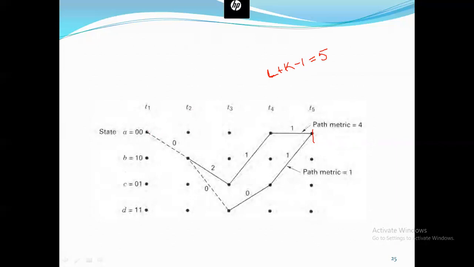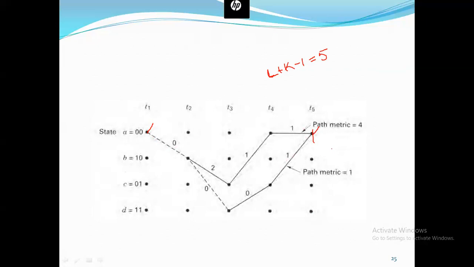So it means that at this time, we have chosen the path. Finally, we have to make a decision. What decision will we make? We will choose all the paths which originate from the 0 0 state and terminate at the 0 0 state.